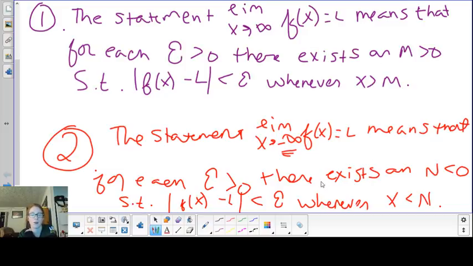And then when I go the opposite way, same idea, there's an x value that will be smaller than that.